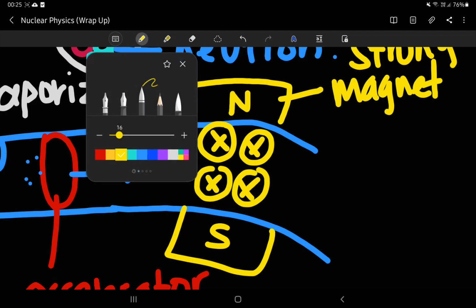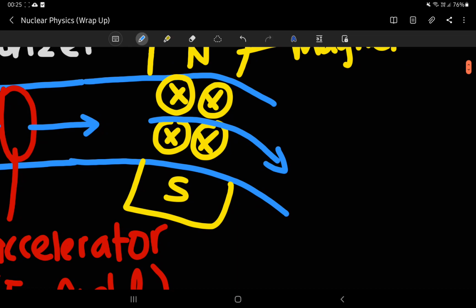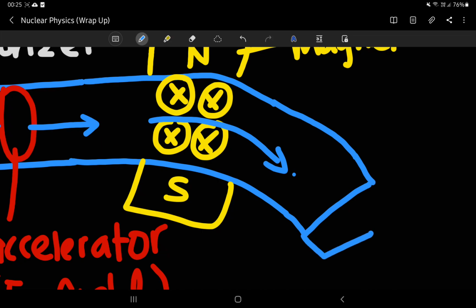Then the particle will travel along this and get deflected into what we call the detector.